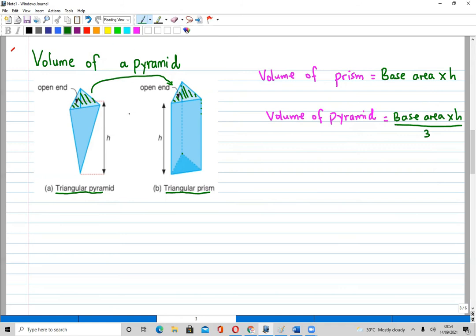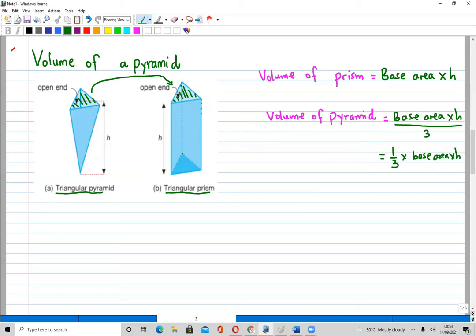Because in one triangular prism, we have to pour 3 triangular pyramids full of water in order for the triangular prism to get full to capacity. So therefore, the volume of the triangular pyramid will be 1/3 times base area times height.